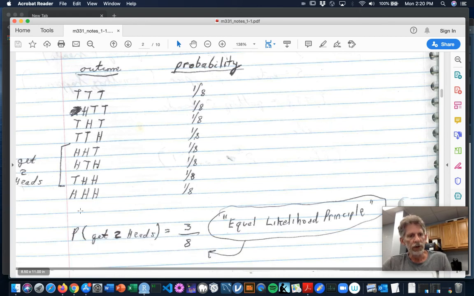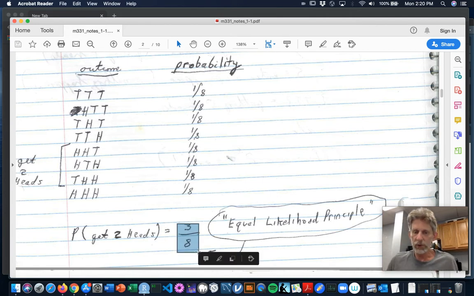Well, what you do is you look at the set of outcomes that truly constitute that event. And that's this little set right here, right? The ones where you get 2 heads. And so that's 3 things, 3 out of the possible 8. And so you would say 3/8. That's the equal likelihood principle at work.